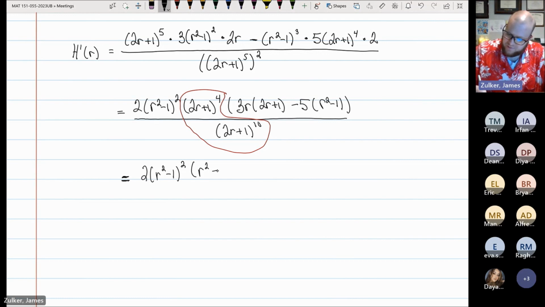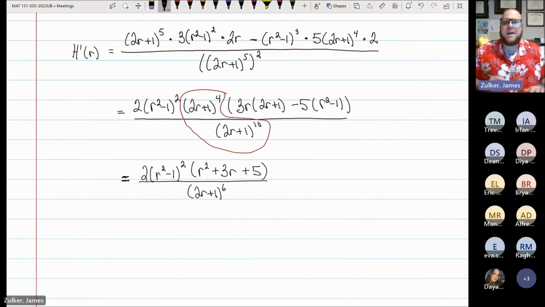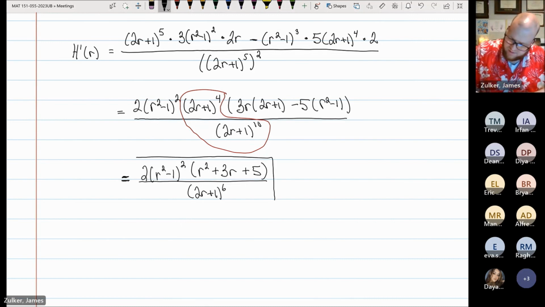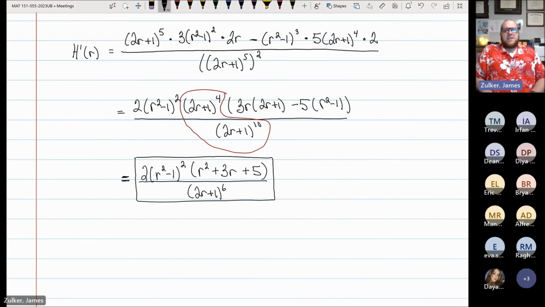Then we have plus 3r plus 5. 2r plus 1 to the 6th power in the denominator. And there's our derivative.